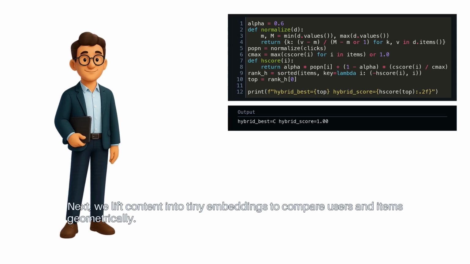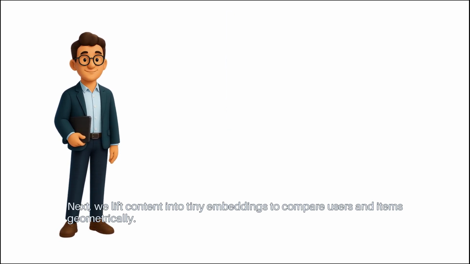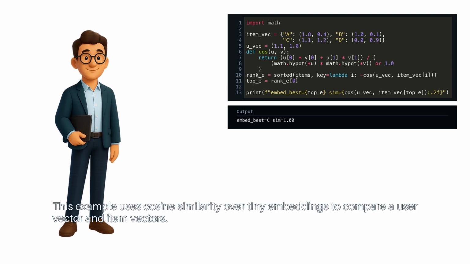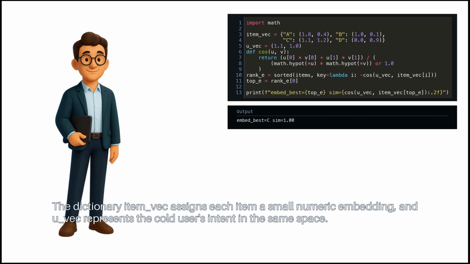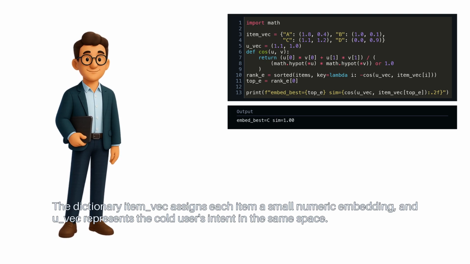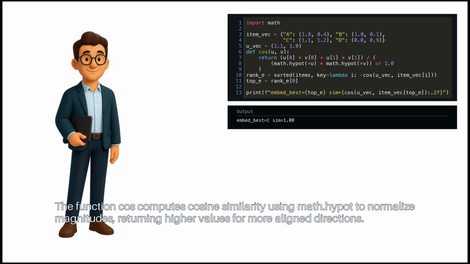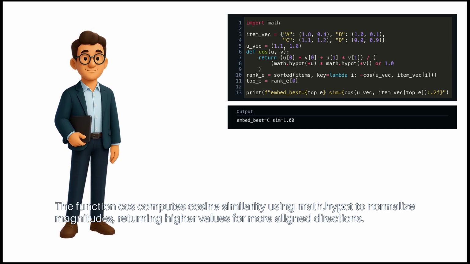Next, we lift content into tiny embeddings to compare users and items geometrically. This example uses cosine similarity over tiny embeddings to compare a user vector and item vectors. The dictionary item_vec assigns each item a small numeric embedding, and uvec represents the cold user's intent in the same space. The function cos computes cosine similarity using math.hypot to normalize magnitudes, returning higher values for more aligned directions.